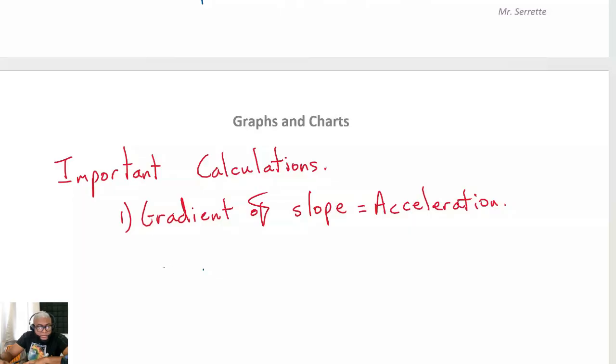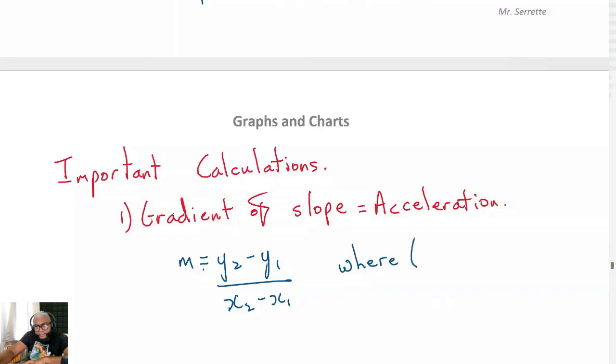So gradient, which is given by m, is equal to y2 minus y1 over x2 minus x1, right?